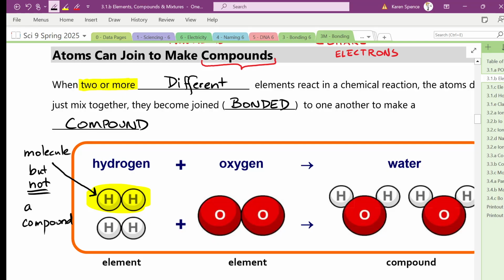Okay, so that's a molecule, but not a compound. How about oxygen? Is that a molecule? Yes. Is it a compound? No. So it is a molecule, but not a compound.